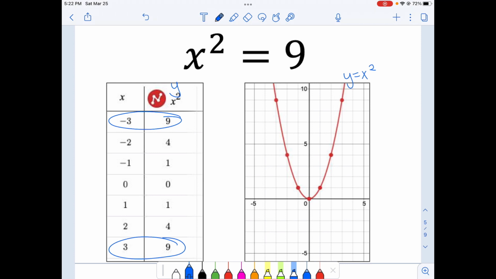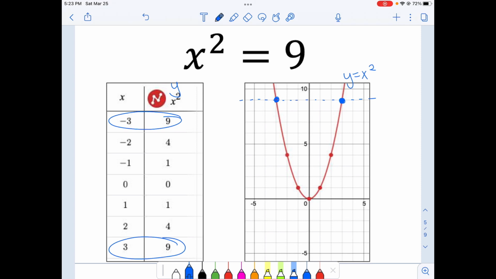We can picture this as xy, so we're basically saying when is y equal to 9, because when does x squared equal 9? So we see that when x is negative 3 and when x is 3. So because we have something squared, we have a parabola shape, and so we will end up having the same y value for two different x values here.